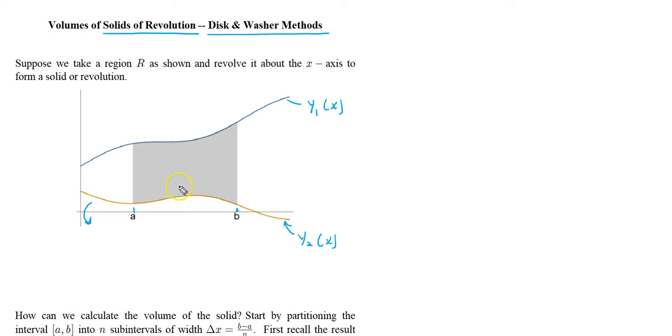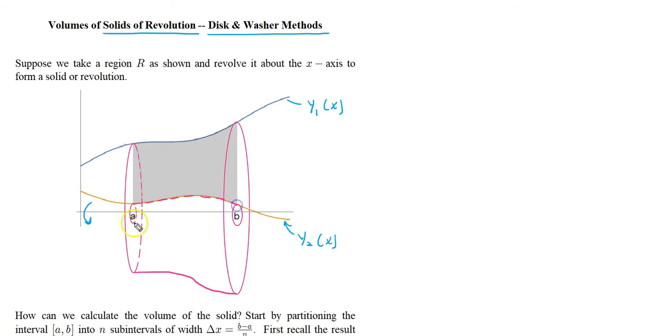Now what that solid of revolution will look like is this. So here's what the solid would look like as we sweep the shaded region around the x-axis.